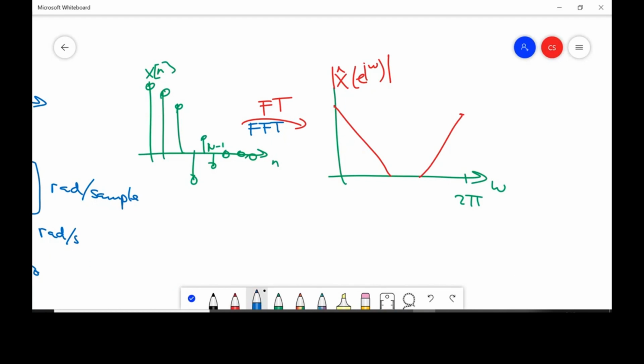The fast Fourier transform is the Fourier transform but sampled at some particular points. It's 0, 1, and minus 1. So what I'm taking are samples in this spectrum.